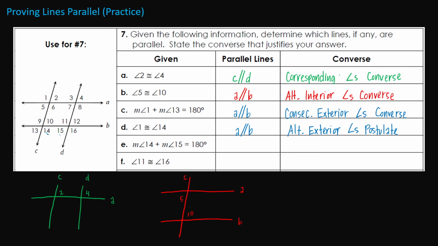And they are positioned as consecutive interior angles inside lines C and D. So I'm going to say that lines C and D are parallel. Line C is parallel to D by the consecutive interior angles postulate.